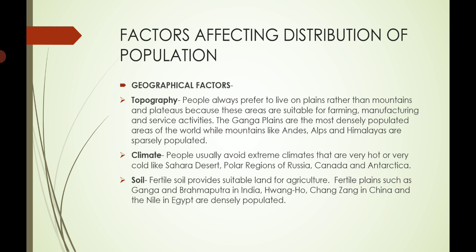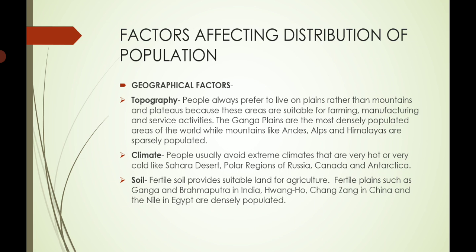Here manufacturing and service activities means that people can have their jobs, so people will try to stay in those areas only. The Ganga plain in India is the most densely populated, meaning more and more people are living in that plain area, while the areas of the Alps, Himalayas and Andes are very sparsely populated.